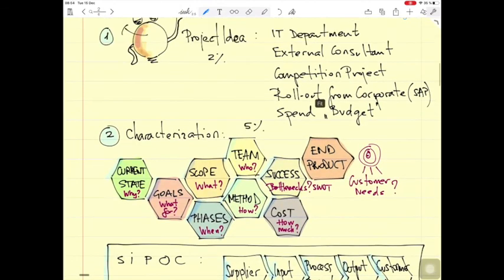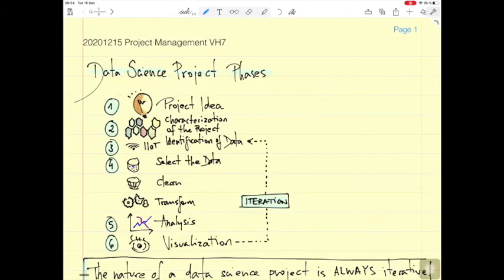So that all in all, you have 2%, 5%, let's say 3%, 7, 10, I don't know, 10%, and then here 10%, and then here 70%, something like that.